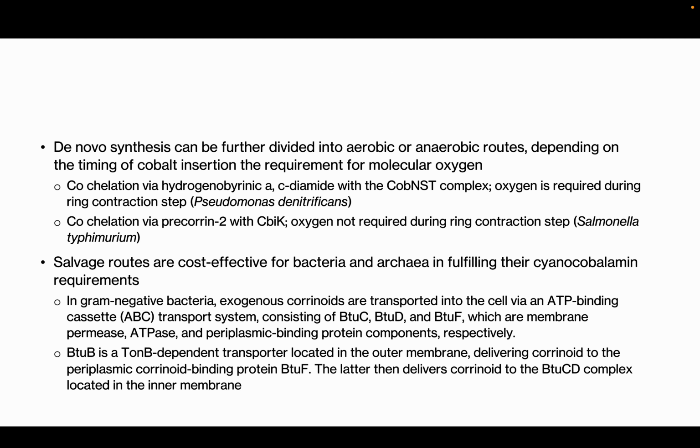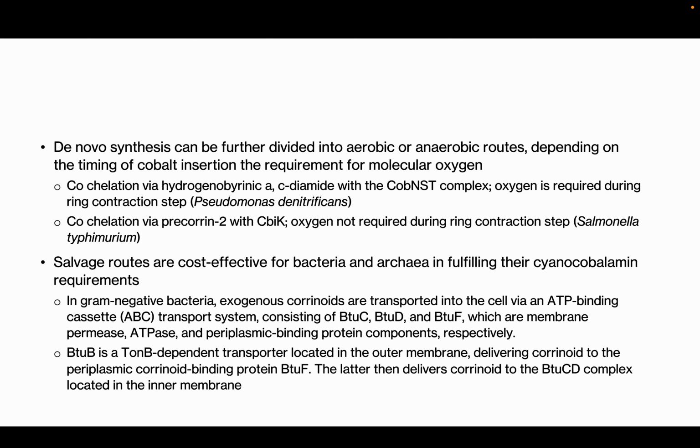Now, more about the process of B12 synthesis. In terms of regulation, there are two possible routes for cobalamin synthesis: an oxygen-dependent one and another that does not depend on oxygen.